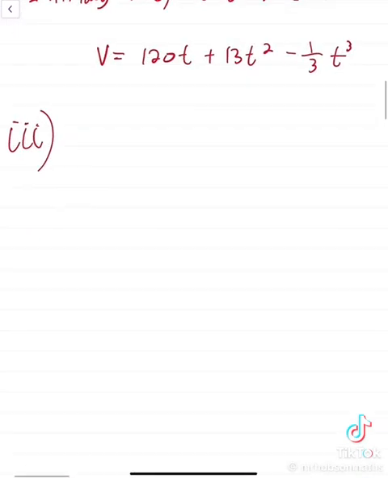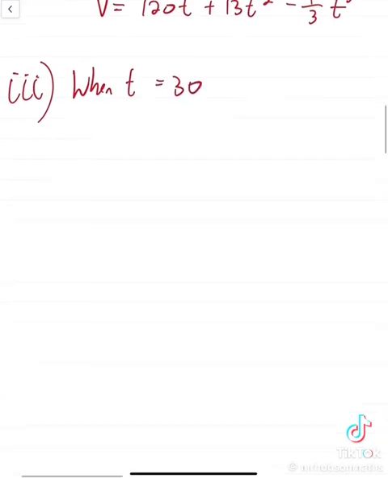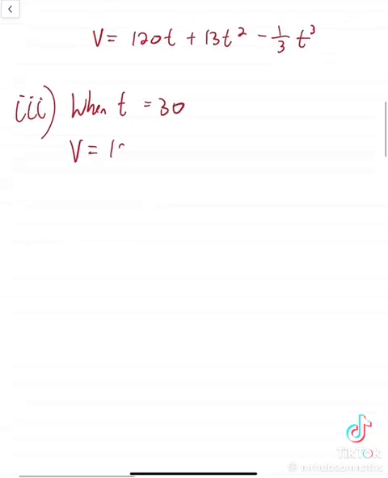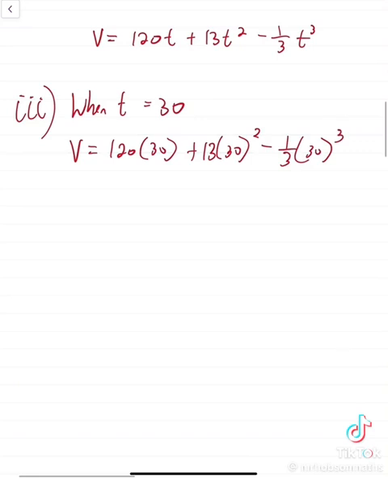So when t is 30 minutes, V is going to be 120 times 30 plus 13 times 30 squared minus a third times 30 to the power 3, and that is 6,300 litres.